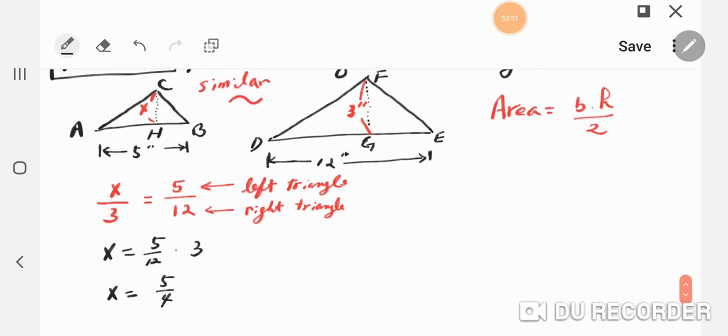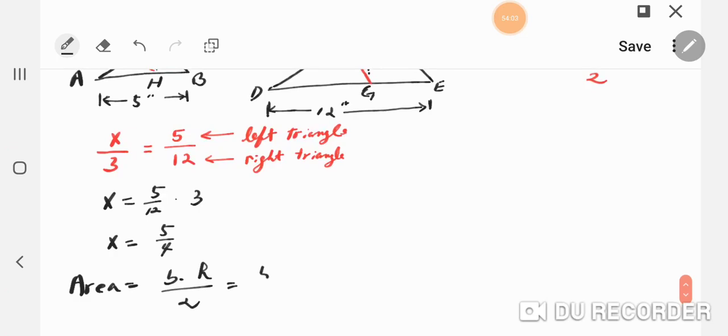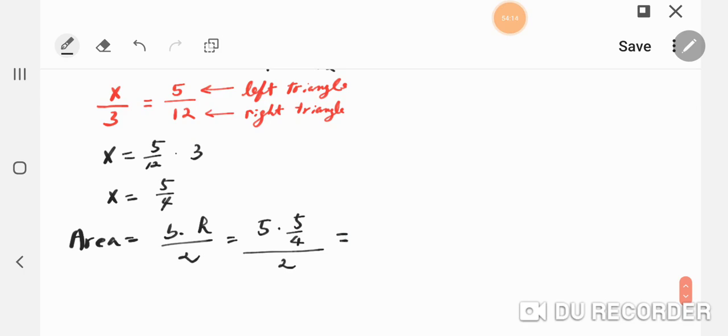So that's the measure of the height in the smaller triangle. Using this, the area is base times height divided by 2. And the base is 5. And the height is 5 over 4, isn't it? 5 over 4 divided by 2. Simplify this. Then this is 25 over 4 divided by 2.